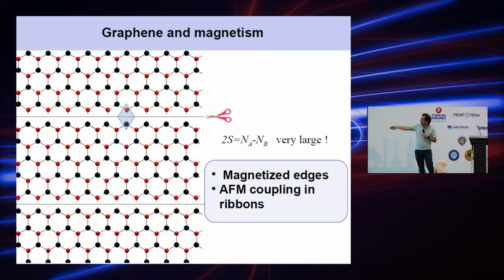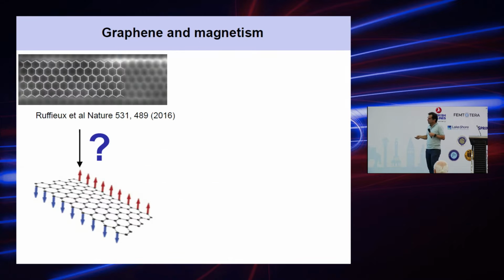This time the red atoms will get magnetized, but it's on the different sublattice. So there will be anti-ferromagnetic coupling between this edge and this edge, for instance. Okay, so there is lots of work trying to confirm this experimentally. There are some results, but still not very clear, not a direct evidence of magnetization at the nanoscale.